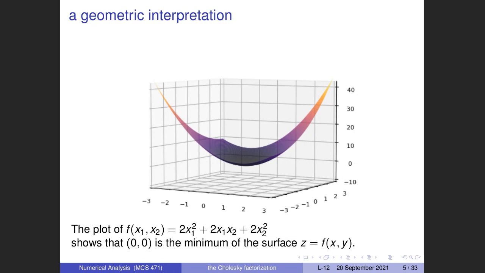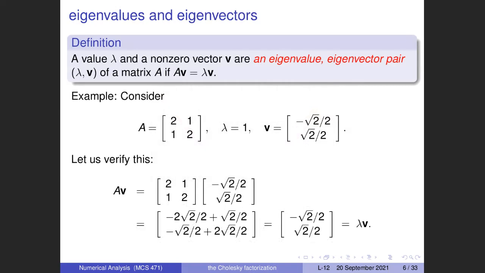So positive semi-definite matrices occur very often within the context of minimization. All right. I spoke about the directions in which you can go.